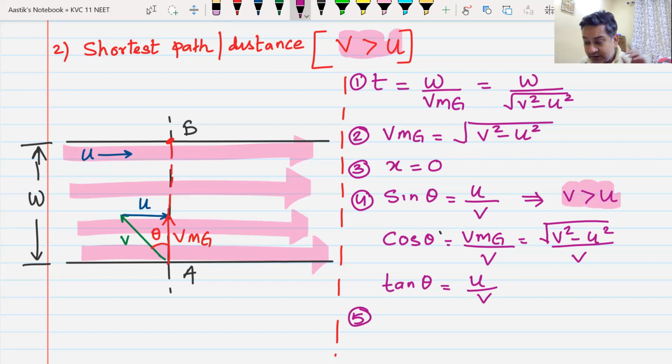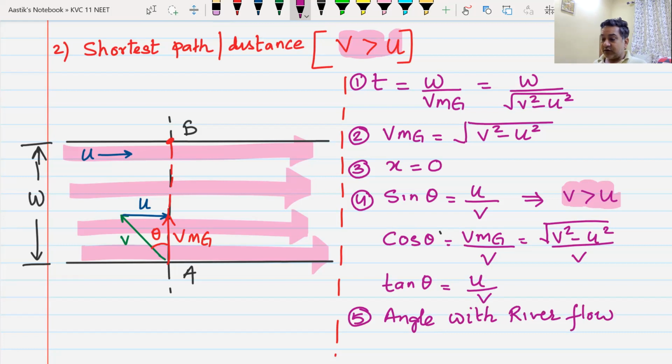Point number 5, the angle that it makes with river flow. Can anyone tell me what is the angle with the river flow? When I'm talking about the angle with the river flow, I mean this angle. This is the angle that it makes with the river flow.